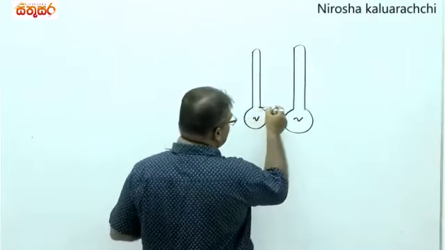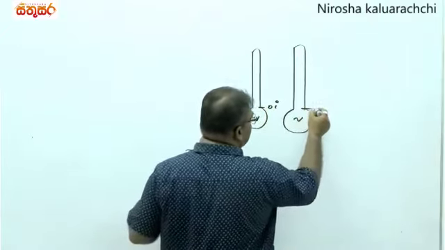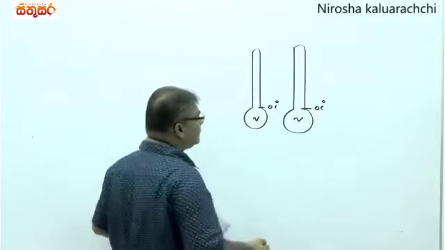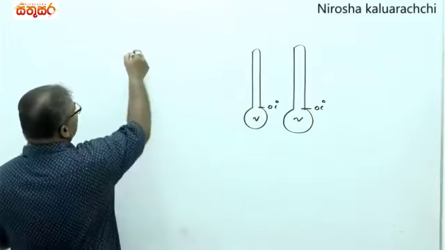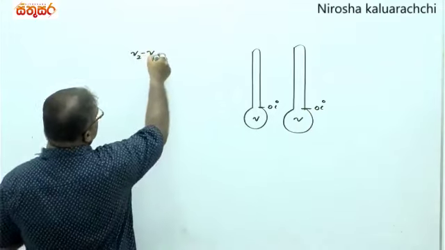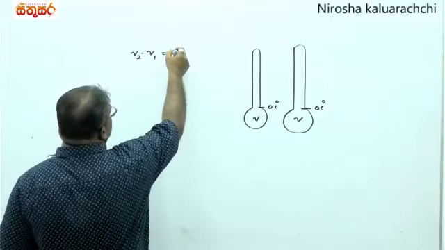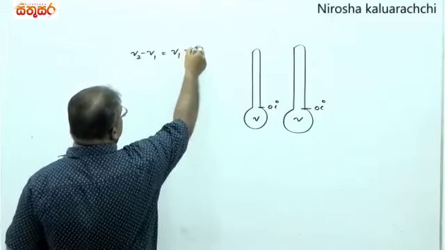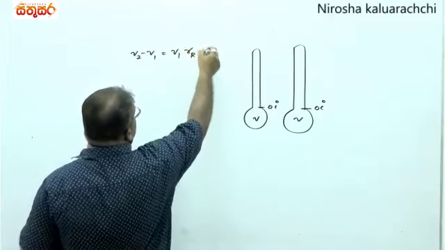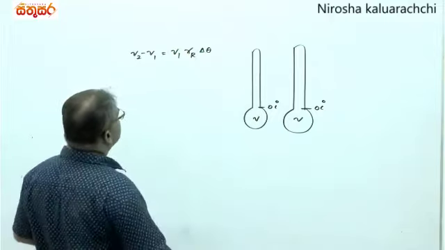Same volume of mercury bulb. Let 0 degree Celsius be here. Then we all know the change in volume is the apparent expansion of the glass bulb. We can say that it is V1 gamma R delta theta, right?